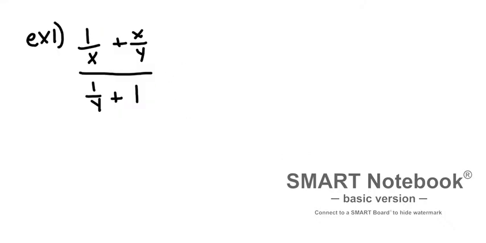Before we do anything, let's find our LCD. Let's take a look at all our fractions. This one I can actually rewrite as 1 over 1, just so that we see what fractions we have. The first fraction is 1 over x, so the denominator is x.